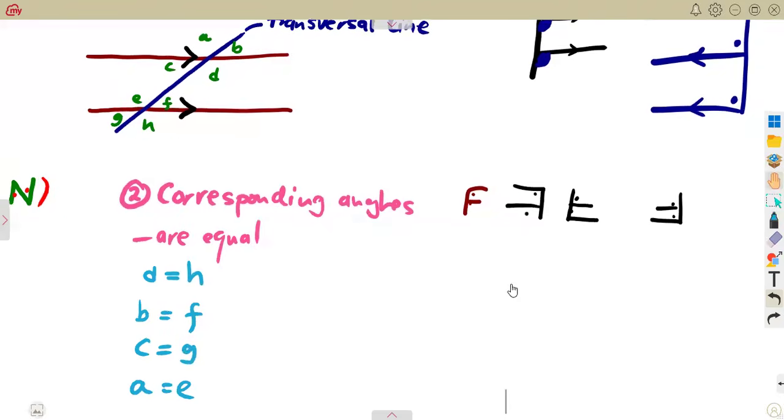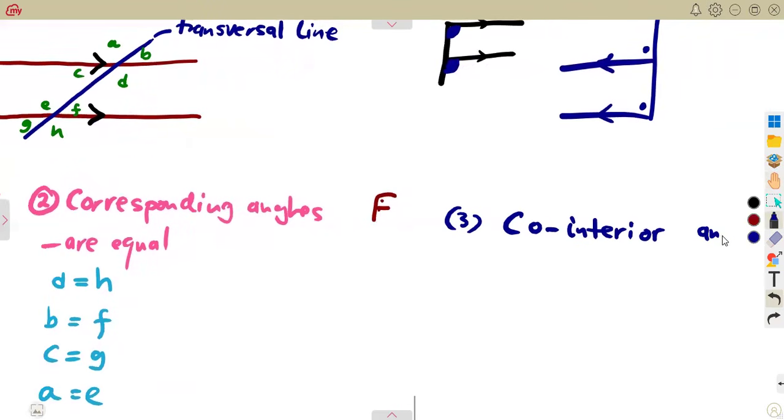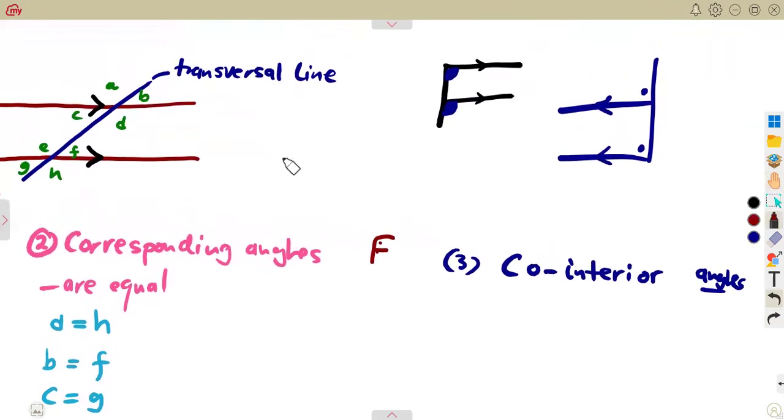All right. On these parallel lines, we also form angles which are referred to as the co-interior angles. It's a name that you need to also understand. So co-interior angles are angles that form a C like this.